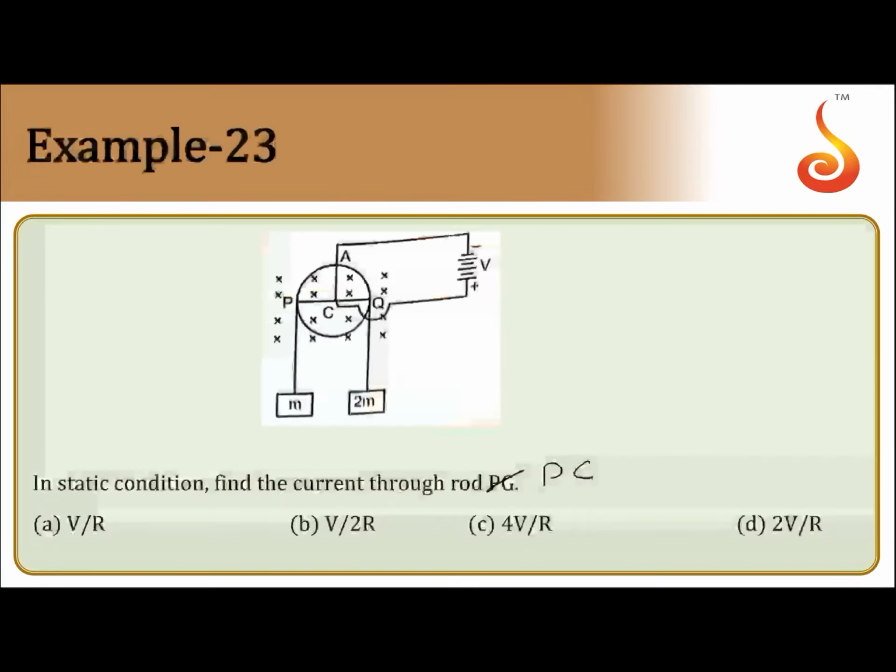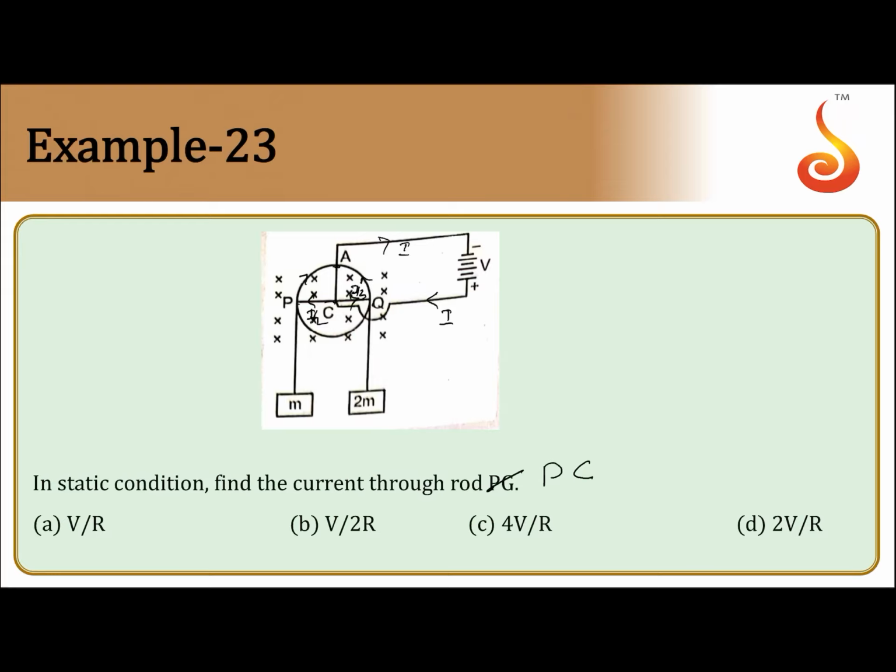From the figure itself we can see that if current I comes, here it is divided in two parts, I by 2, I by 2, and how the current is going back, this current coming like this, I by 2, I by 2 like this, at point A the two currents join and the circuit is completed.